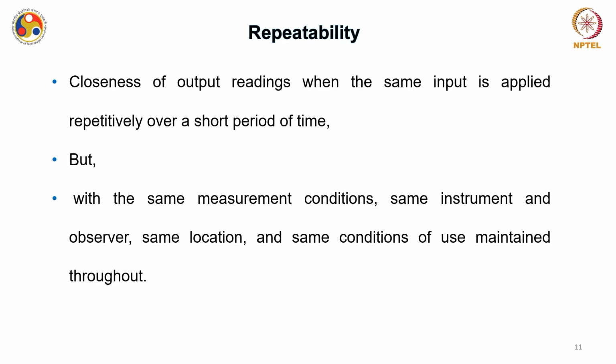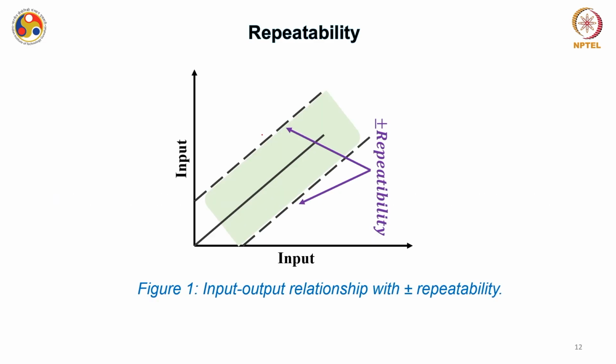So, the closeness of output reading when the same input is applied repetitively over a short period of time. If you see, this short period was not there in case of reproducibility.